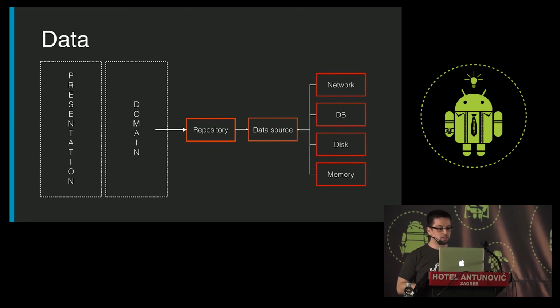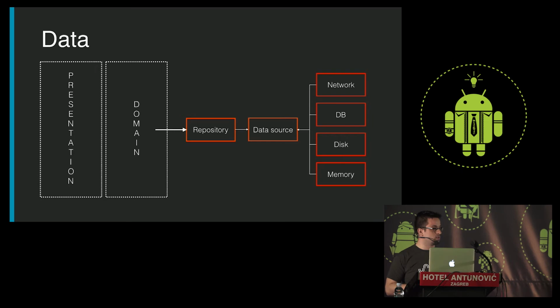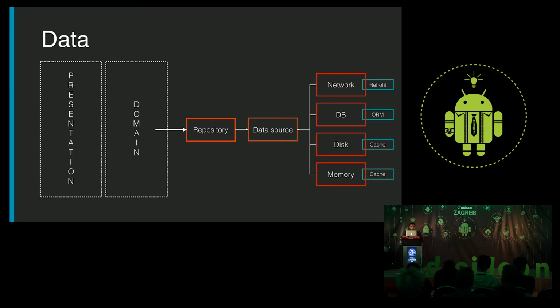An implementation of that is a concrete data source, like network, database, disk, and memory, and you'll probably have only a subset of these. This is where your library code is, where your Retrofit code is, where your ORM library resides if you're using a database, and where you can have one or multiple caching strategies as well.